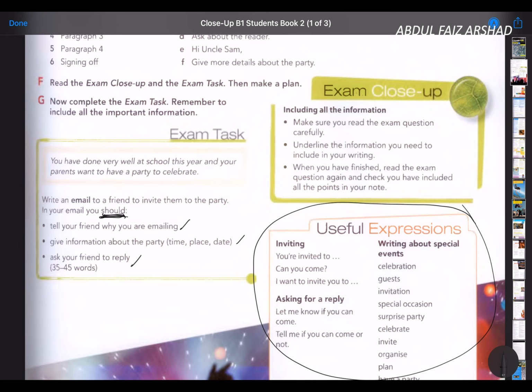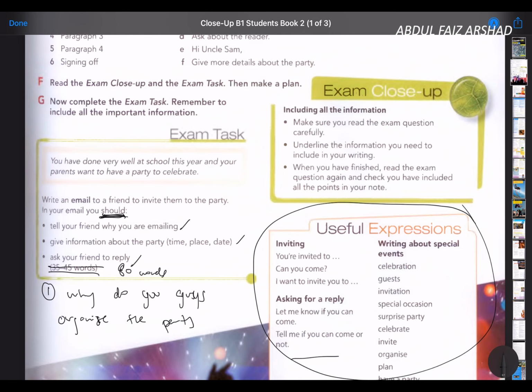And then I want you guys to add one more thing. Why did you organize the party? Here it says 35 to 45 words. I don't want this. I want 60. No, 80 words. So try to make it longer.